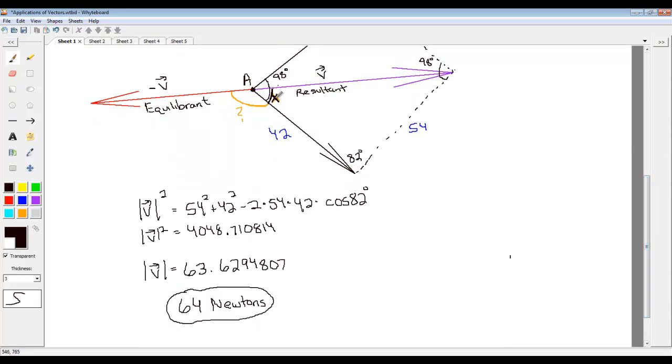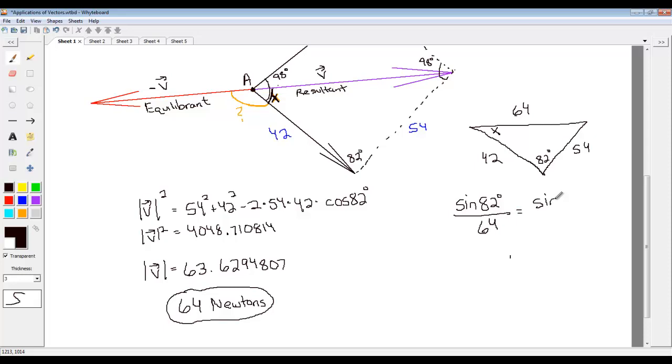Trying to find x, I can use law of sines, because I now know what this resultant vector length is. It's 64 newtons. So I've basically got this triangle where this is 64, this is 42, this is 54, and I've got 82 degrees here. I can say sine of 82 degrees over 64 equals sine of x over 54.